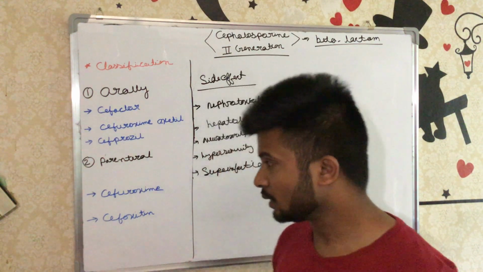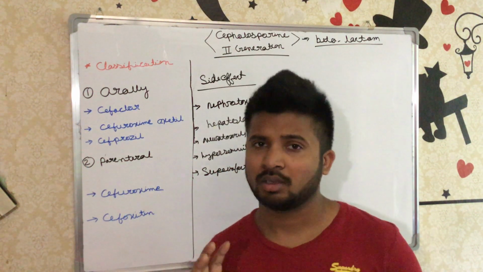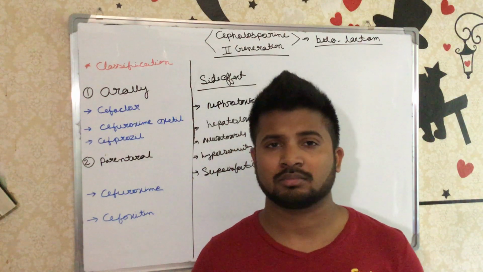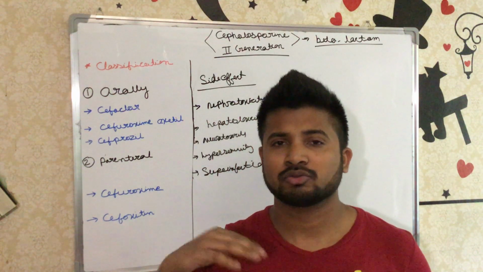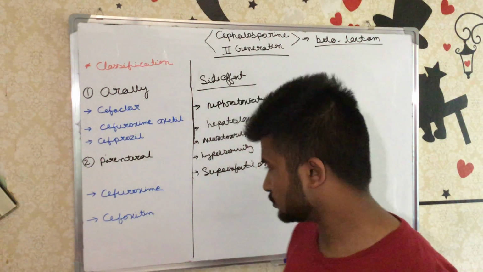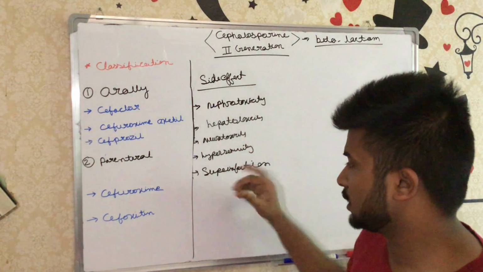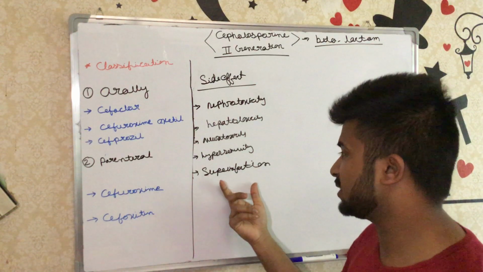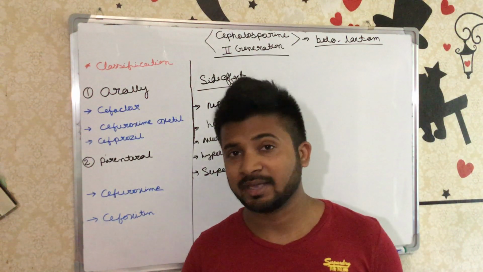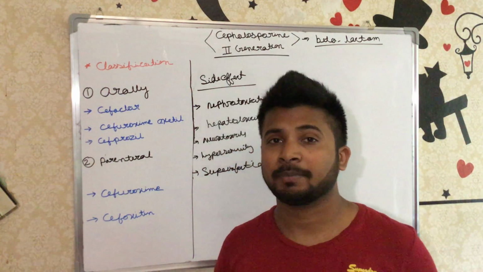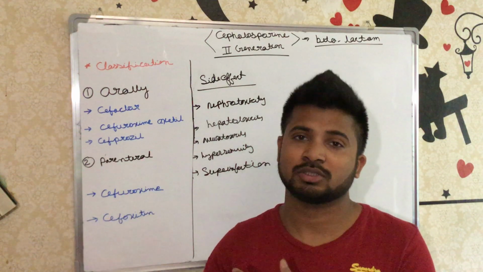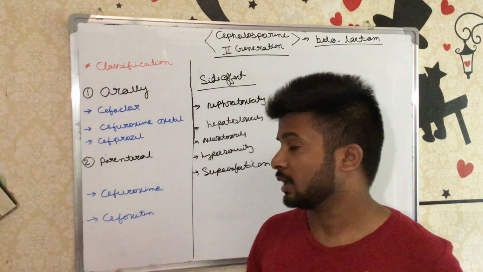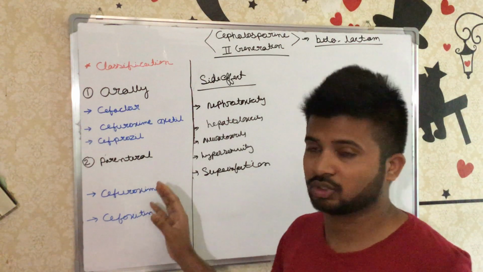That's why we have to use a very limited dose and not use it for a very prolonged time. Keep in mind that whenever using this drug, superinfection should not develop. If superinfection develops, it becomes worse than the original pathology for which the drug was taken.